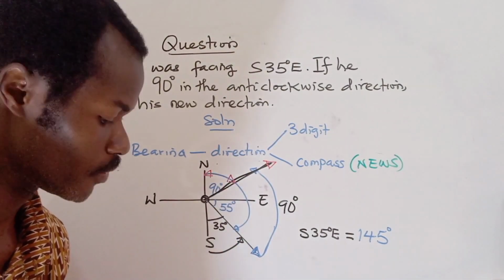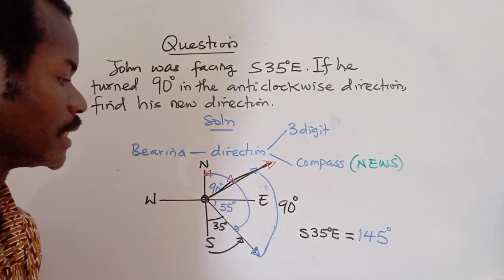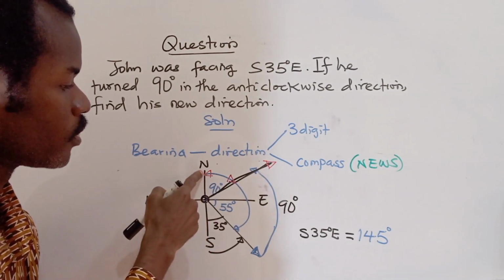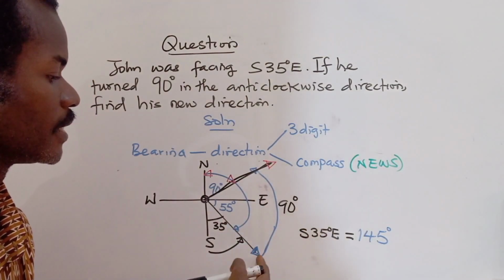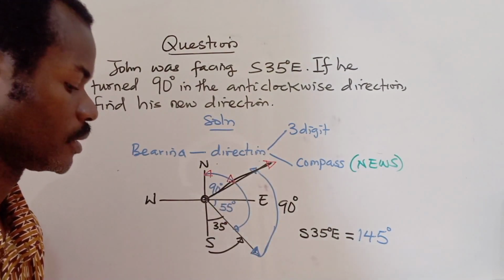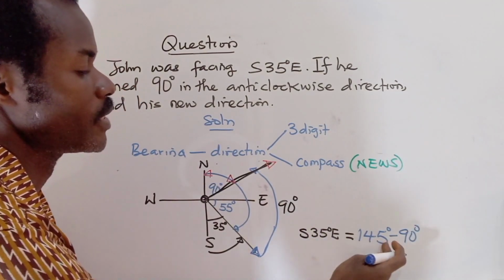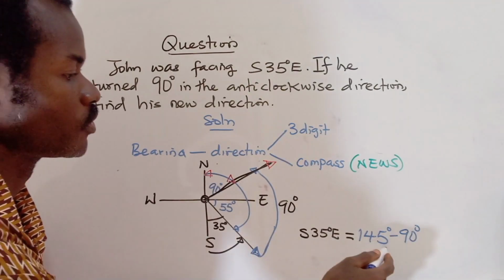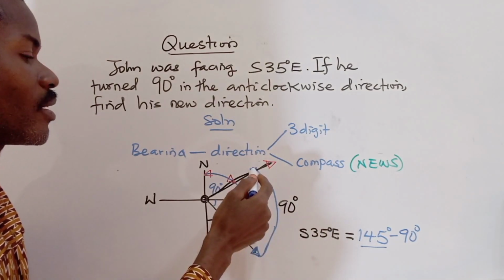So how do we solve for that angle? You can see that from this point to this point is already 145, and from this point back to this point is 90. So all we need to do is subtract 90 degrees from 145, because from this point to this point is 145, and he turned 90 degrees anti-clockwise.